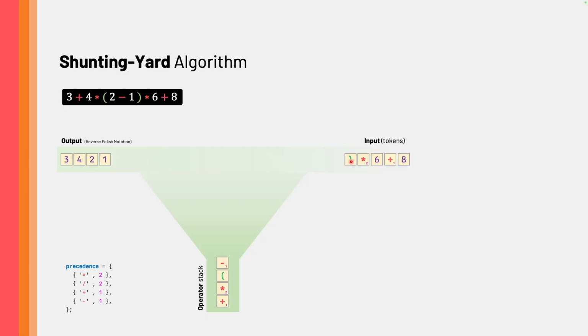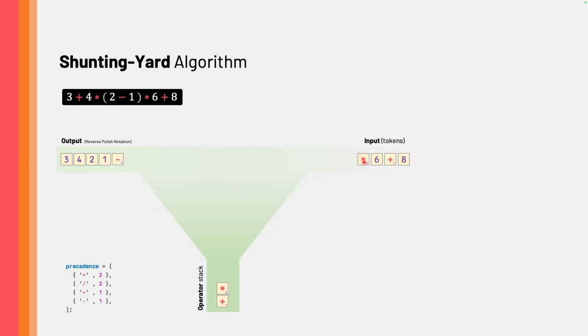And right here, as we find a matching close parenthesis, this thing right here, we're going to look at everything that is between close parenthesis and open parenthesis, all the operators that are right here, in our case just the minus, and we're going to push all the operators to the output. So everything that was between open and close parentheses gets pushed to the output. And we continue the same logic, right?